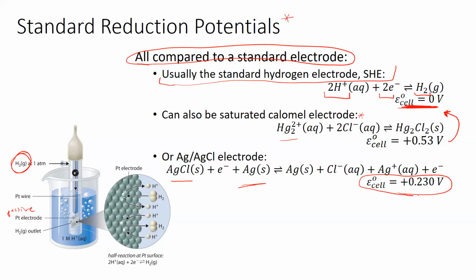And so once you were to have that potential of the full cell with respect to a silver-silver chloride electrode, you could then convert it back to a half cell potential based on the difference between the silver-silver chloride electrode and that of the hydrogen electrode.